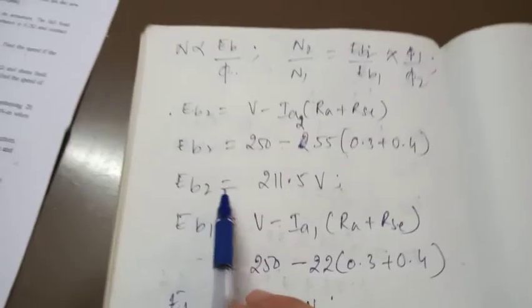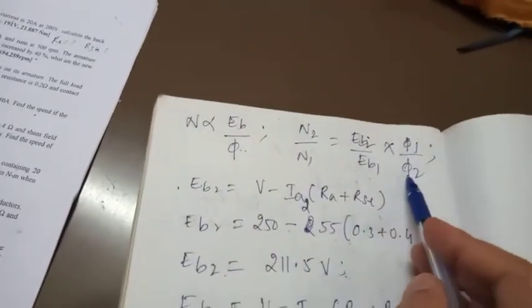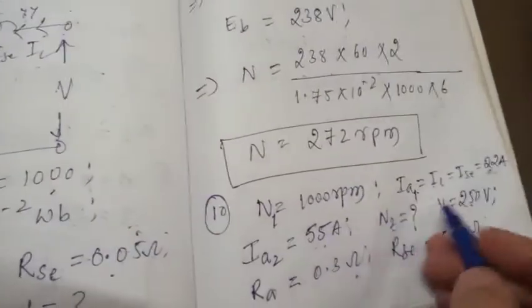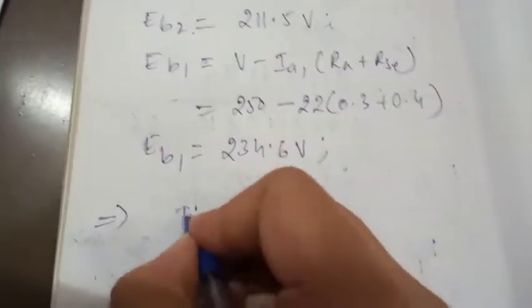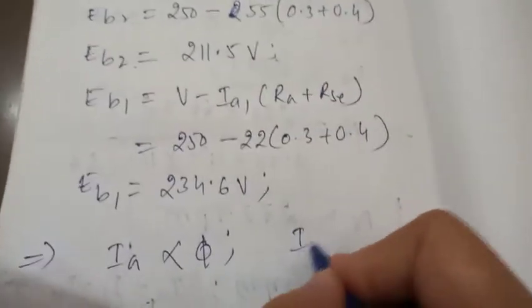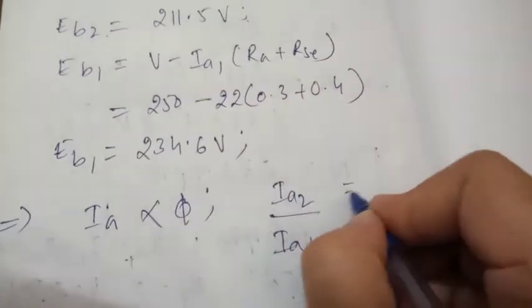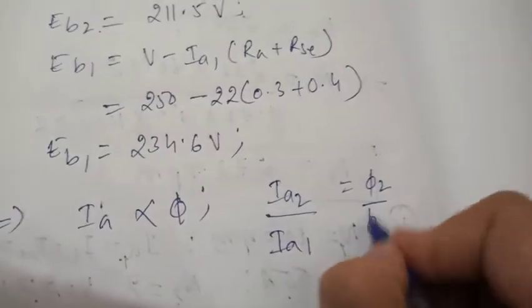So we have calculated EB2 and EB1 value. Phi 1 and phi 2 we don't have that data here, but in a series motor IA is directly proportional to phi. So IA2 by IA1 is equal to phi 2 by phi 1 I can write.